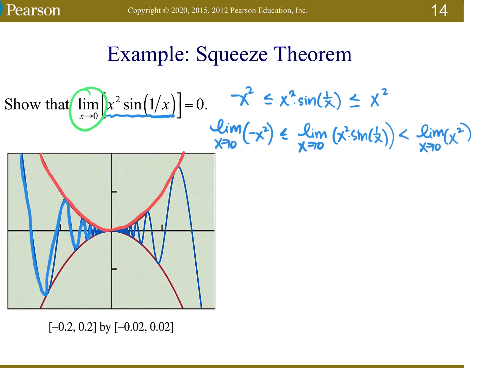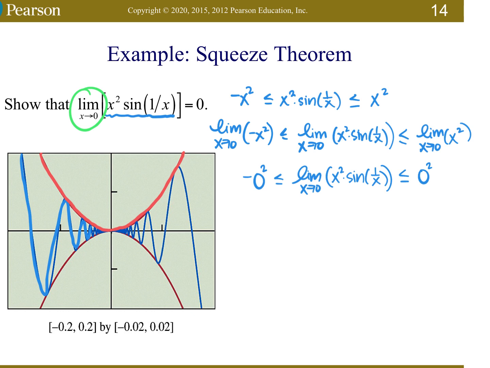If we plug that in, we get negative 0 squared, then we have our central limit that we are working with, and then we have positive 0 squared.